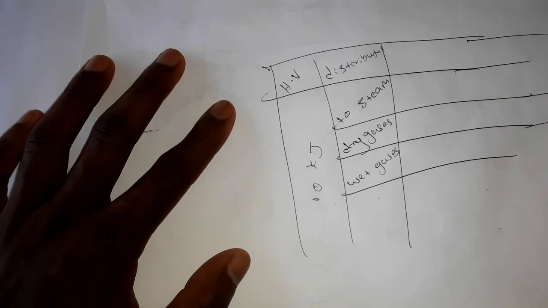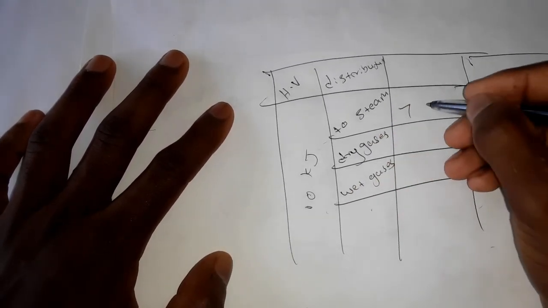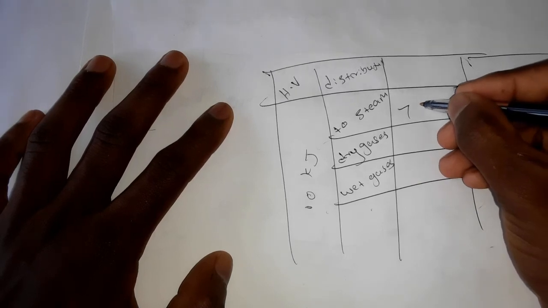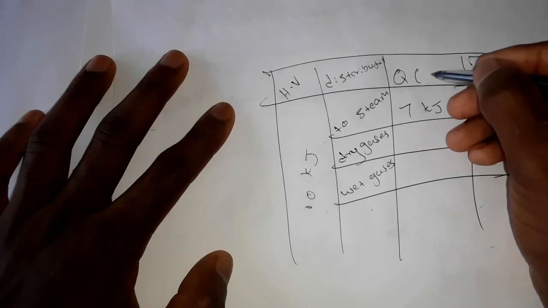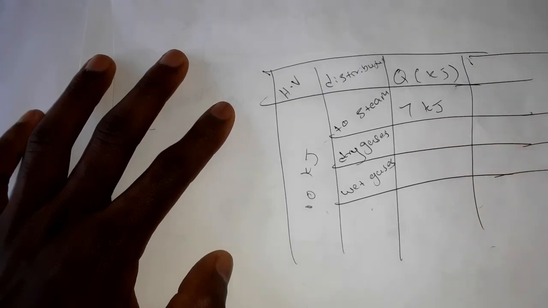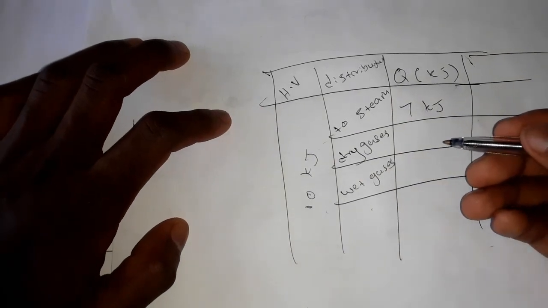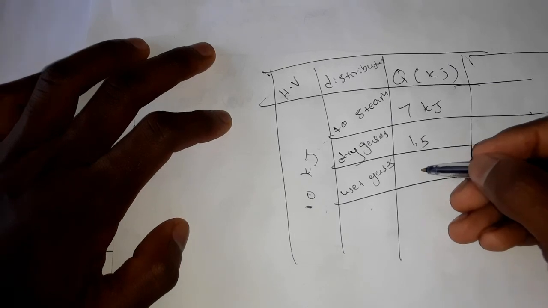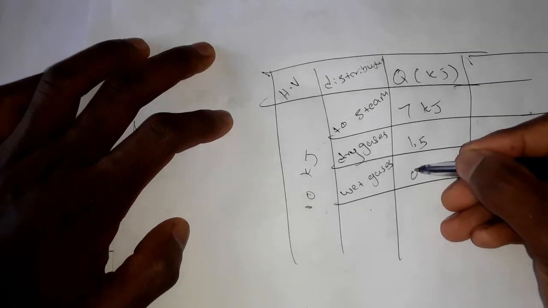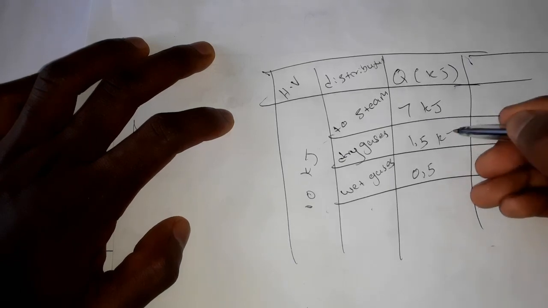Let's say the heat energy that was transferred to the steam is 7 kilojoules. This is heat energy in kilojoules. And the heat energy that went out with the dry gases is 1.5. And the heat energy that went out with the wet gases is 0.5 kilojoules.